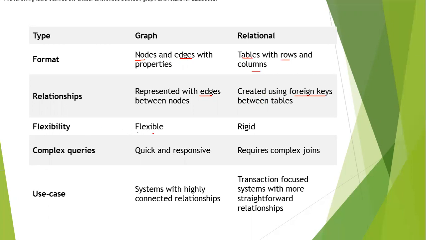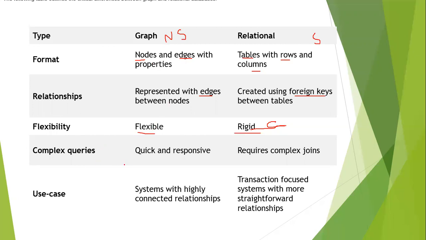So this is flexible, this is rigid. That means this is a structural one. So this relational data model is a structural data model, so it should follow a structure. But whereas in the graph model, this is a non-structural data model, so no need to follow any rules and regulations. As per the interest of the user, they can design the different graph databases. So it will be flexible.